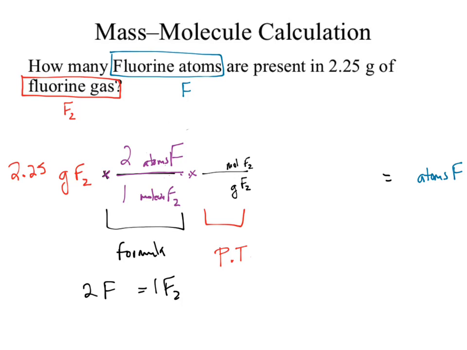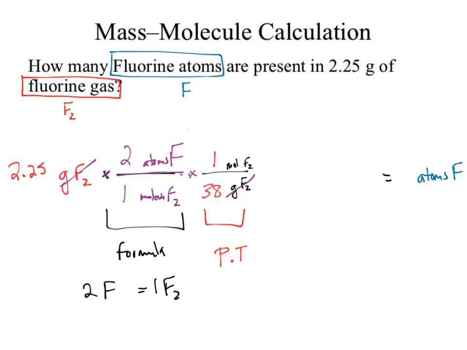So I look up F and I find it's 19. Should I be writing 19 in there? Why not? There's two of them in our formula. So I should be writing 38 grams of F2 is 1 mole of F2. Grams of F2 now cancel. Okay. So we've now gotten rid of the mass unit.